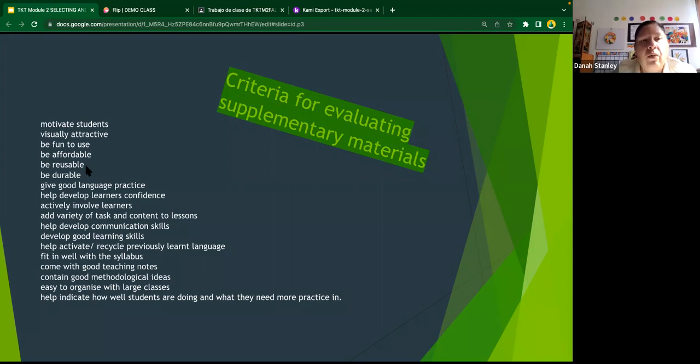Affordable, reusable, durable, give good language practice, help develop learners' confidence, actively involve learners, add variety of tasks and content to the lessons.